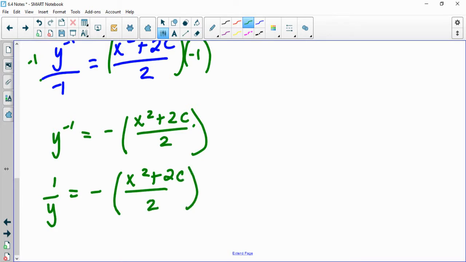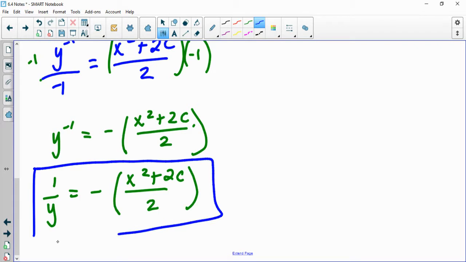Depending on who you ask, this is good enough. Like you could stop here. I would be okay if you stopped here. If you wanted to actually say y equals, technically you would be multiplying by y on both sides and then dividing by this giant fraction. Really what ends up happening is you get y equals, and this is really y over 1.